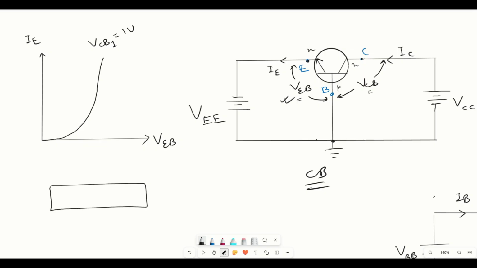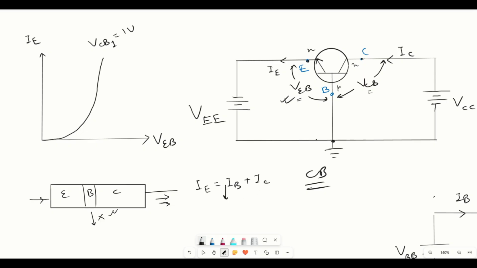So now if we again draw the transistor, emitter, base, collector. As we have discussed, if we increase the pull, then the IB current decreases, right? If the IB current decreases, then the transistor current equation, as we know, is IE equals IB plus IC. So if IB decreases, then obviously the value of IE will increase.